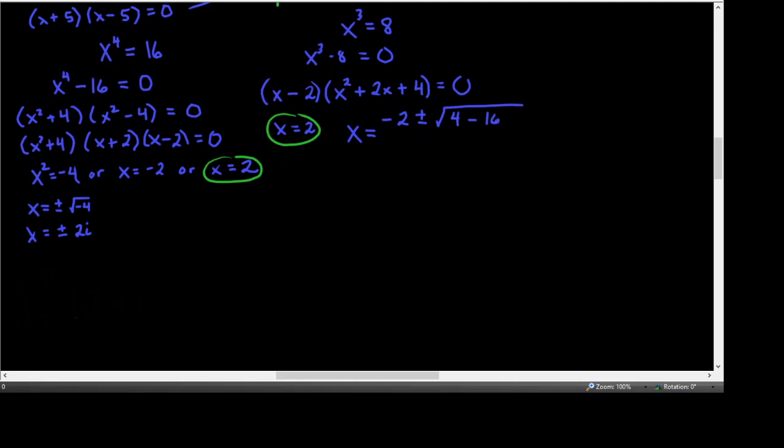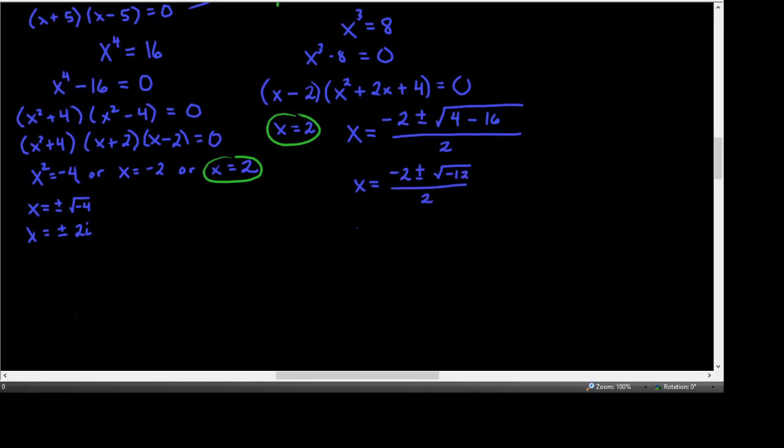Again, that was opposite of b plus or minus the square root of b squared minus 4ac, all over 2 times a, which is 1, so 2 times 1 is 2, and that simplifies to be negative 2 plus or minus the square root of negative 12.